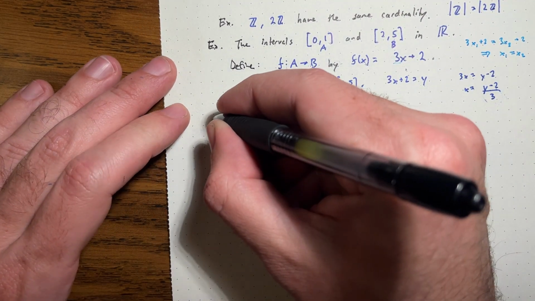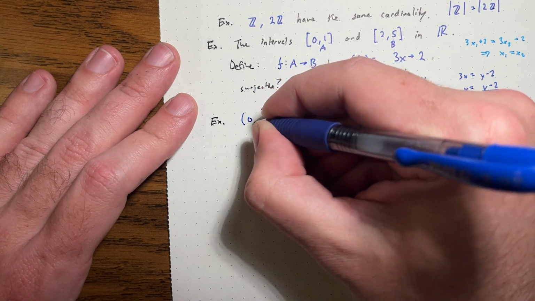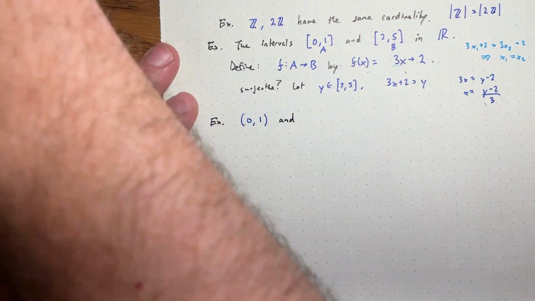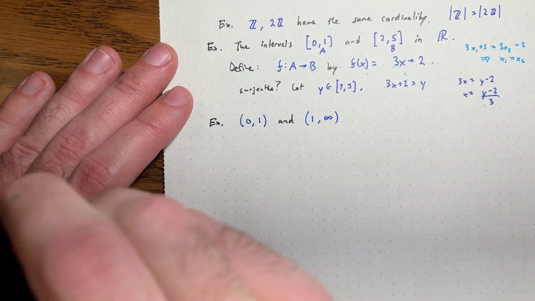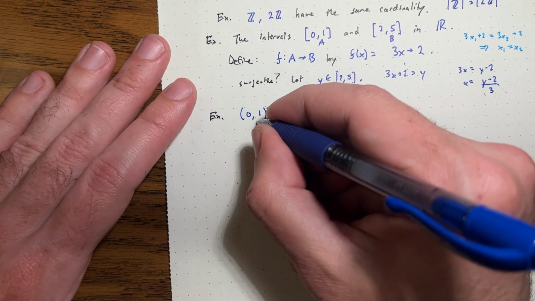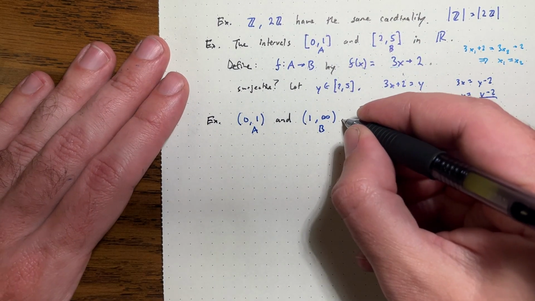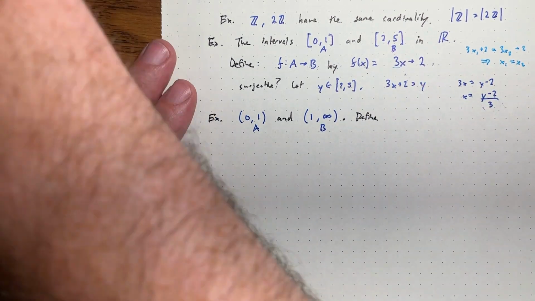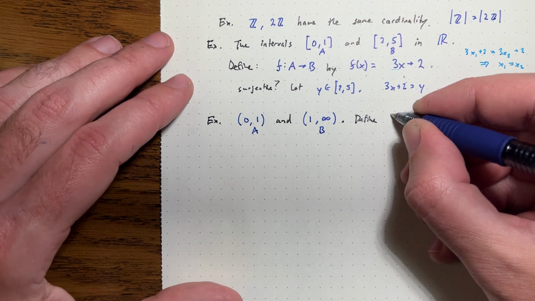Let's do another example. So what if we have 0 to 1, let's say the open interval, and let's do a surprising one actually. 1 to infinity, so like literally every real number greater than 1. Is there a bijection here? Yes, in fact there is. I mean, there are many, but here's one. You have to think of a function that maps that to that in an injective and surjective way.